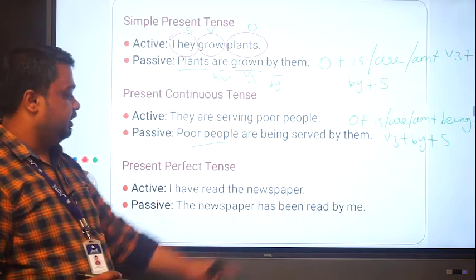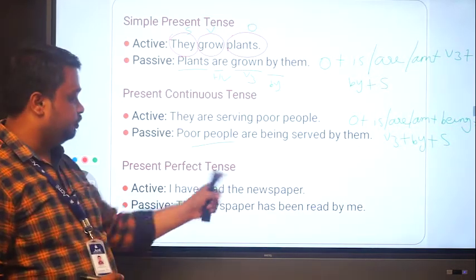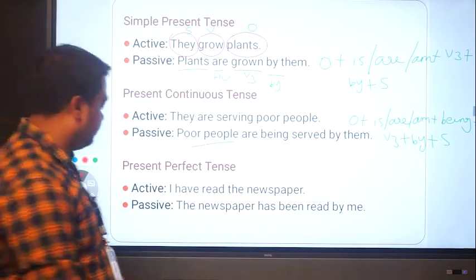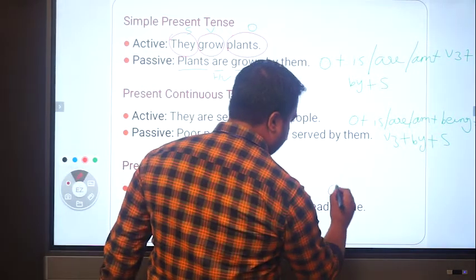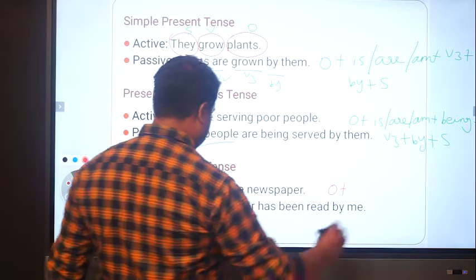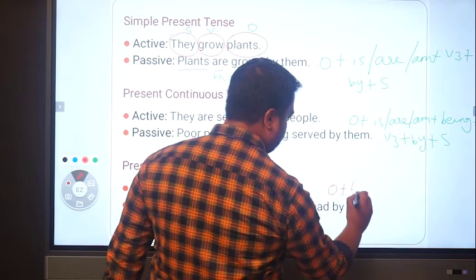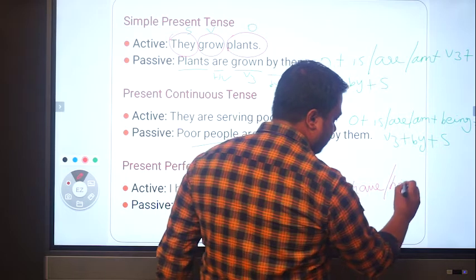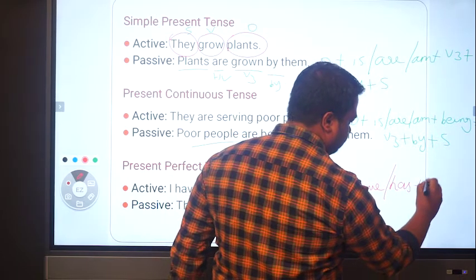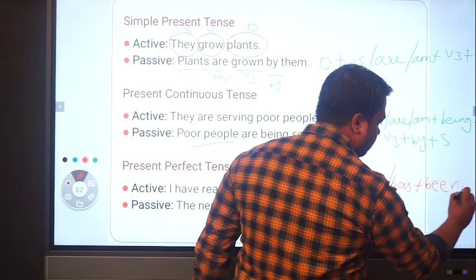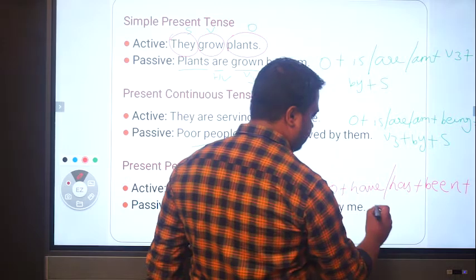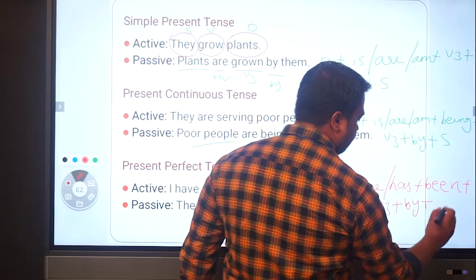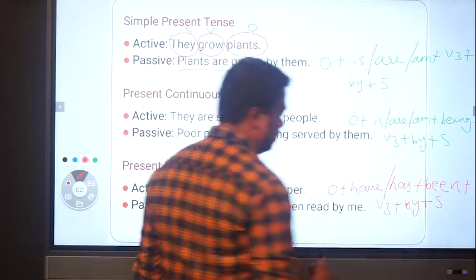Now let's see the next tense, present perfect tense. I have read the newspaper. Same steps. Here the format to convert into passive voice is object plus have or has plus been plus V3 plus by plus subject.